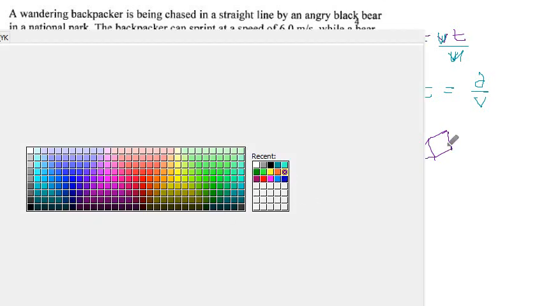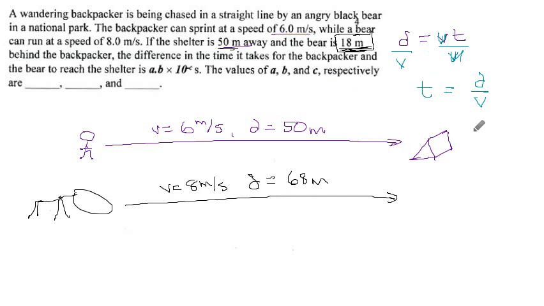So for the backpacker, I'll say T, oh no, B is for bear. I'll say H for hiker or for human, whatever you want. The time for the human is their distance divided by their velocity, so 50 meters divided by 6 meters per second comes out to 8.33 seconds. That's how long it'll take them to get to the shelter.